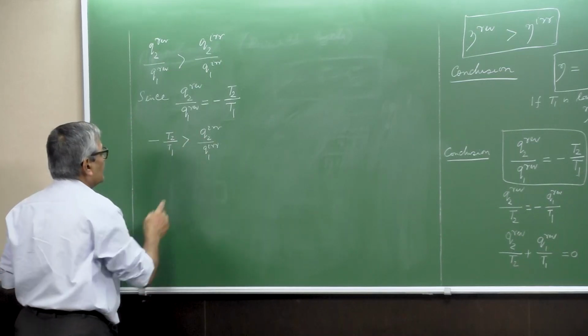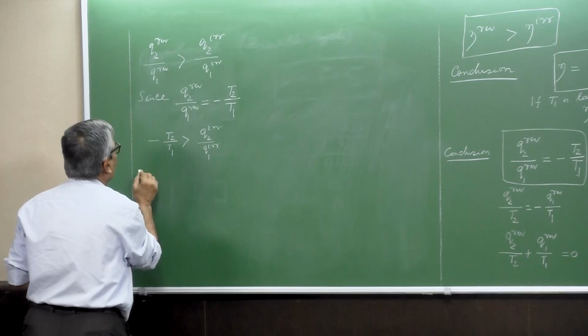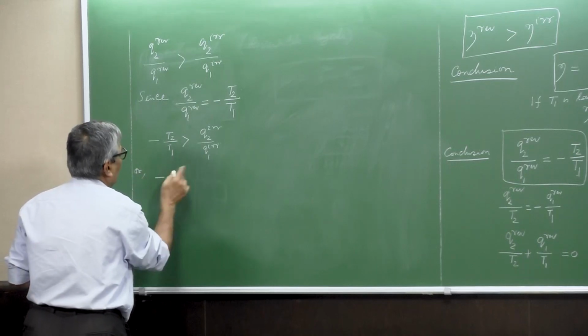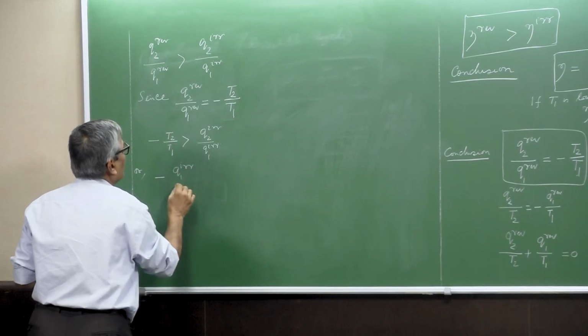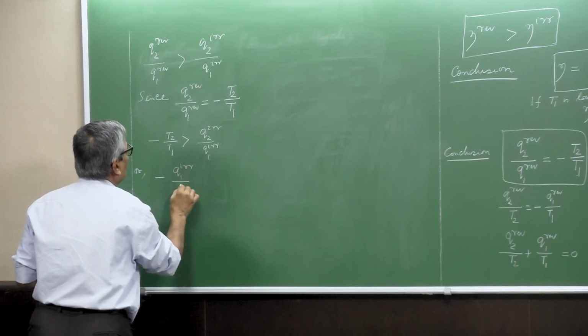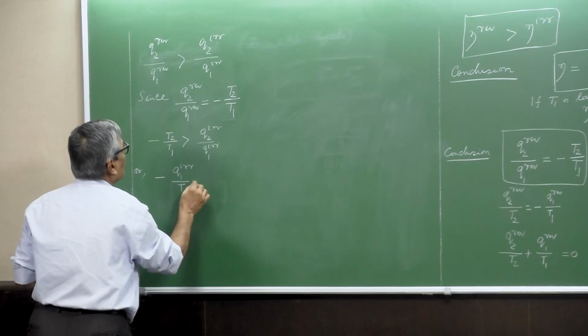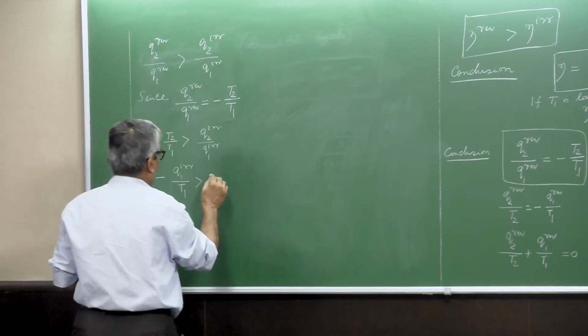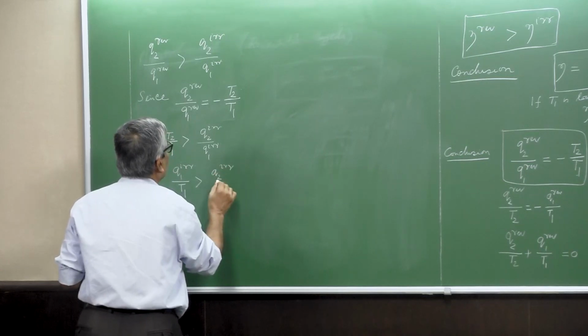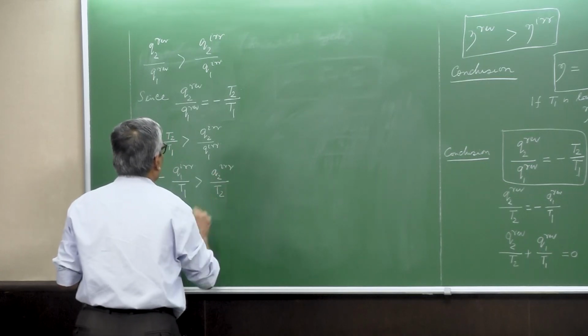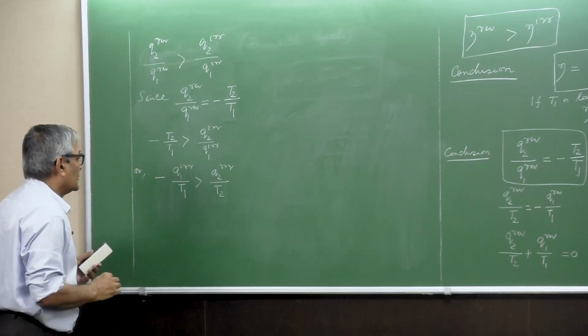So I can slightly rearrange it: minus Q1 irreversible by T1 greater than Q2 irreversible by T2.